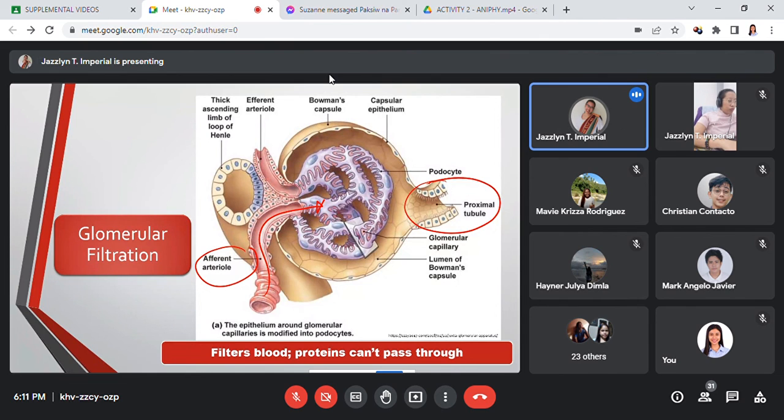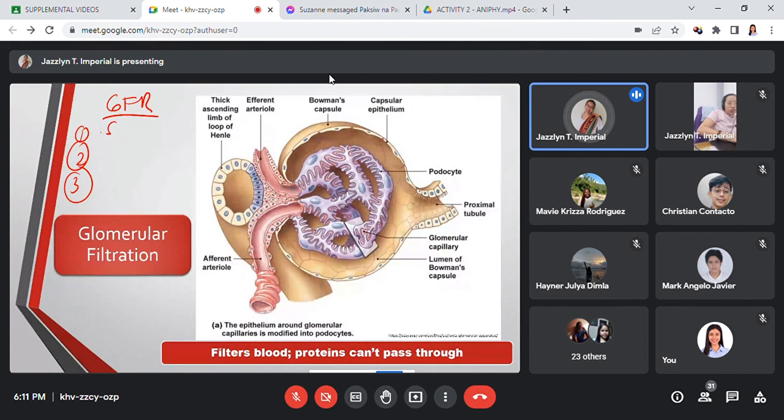By the way, class, meron ding effect pala yung glomerular filtration rate. It's affected, syempre, by several factors, one of which is the surface area.